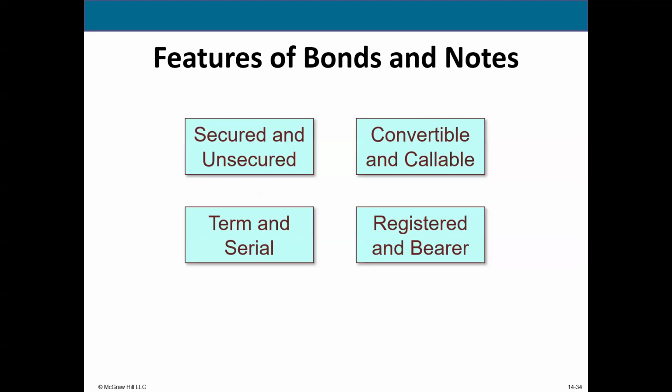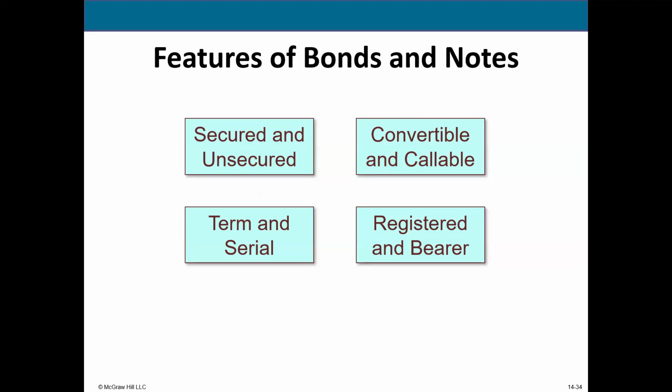The loan or the bond can either be a term loan or term bond, or it could be serial term bonds. Here's what this means. The word serial means the same number of payments over time. We call those serial payments.